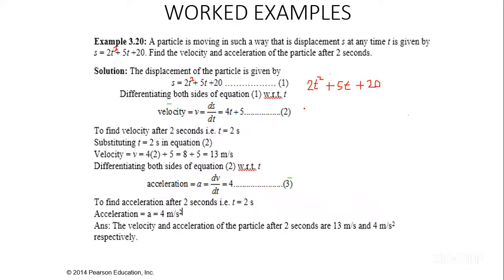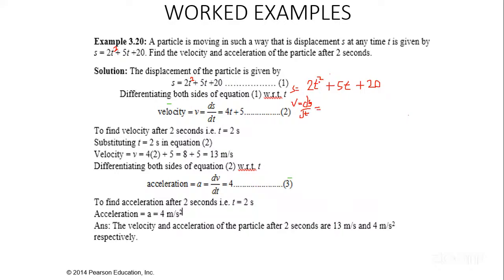Now, if we differentiate, this is s. So v, which is ds over dt, is equal to, we differentiate this.